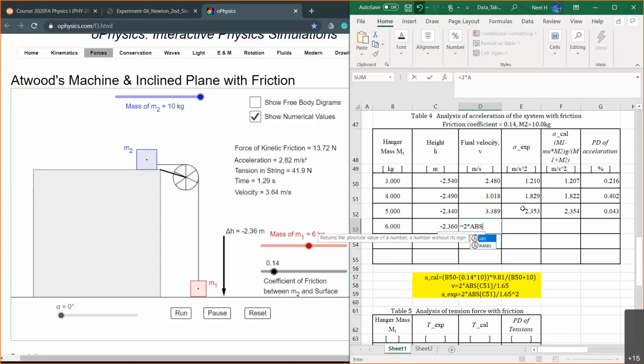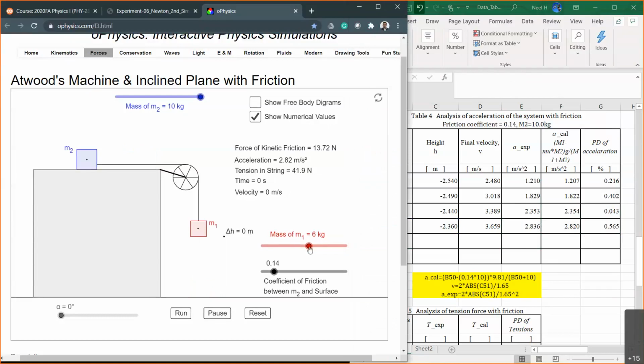Equal 2 times ABS parentheses H close bracket divide by T, 1.29, and then A is going to equal 2 times ABS parentheses H close brackets divide by time to the power 2, 1.29 to the power 2. And these two you can click and drag. Then check these two values, a calculated and then experimental. Those two should be exactly the same.